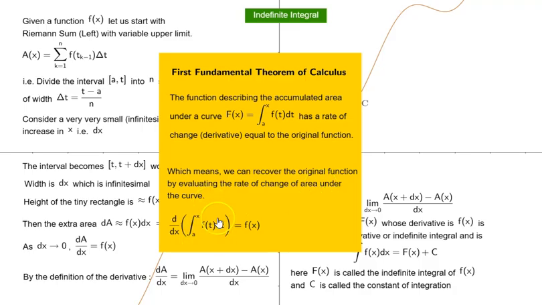So in other words, if we take the derivative of the integral, we get the original function. This is called the first fundamental theorem of calculus. And this is the link between differential calculus and integral calculus.